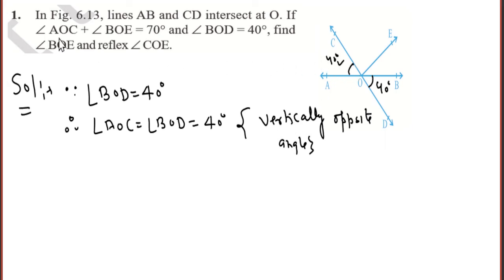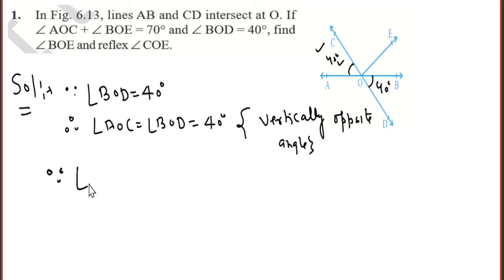Now see this, angle AOC plus angle BOE is equal to 70 degrees. With the help of this given angle, we find angle BOE.